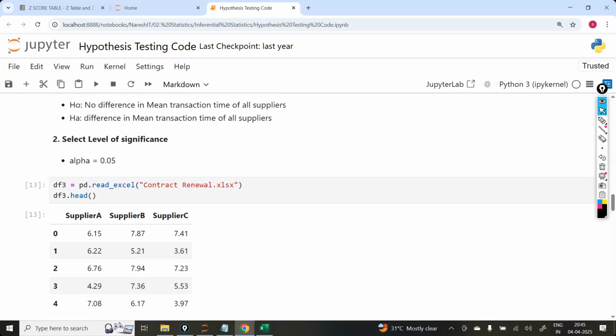Sir, for example, if they are not normally distributed, then what you have written in the notes, open that. What are the steps involved in step 3? Check for normality.